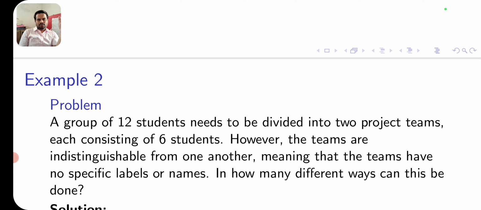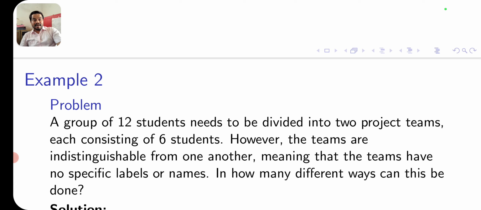So the question is, in how many different ways can this be done? Let me read it again. There are 12 students. We have to divide these 12 students into two project teams, and each project team contains 6 students.